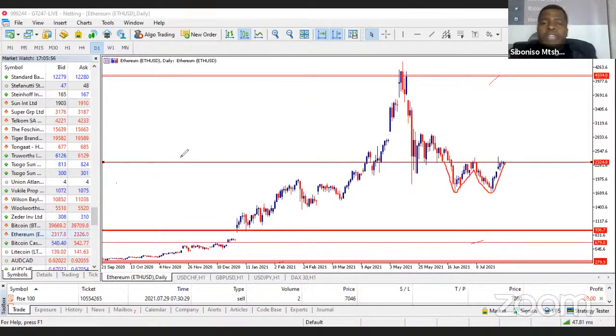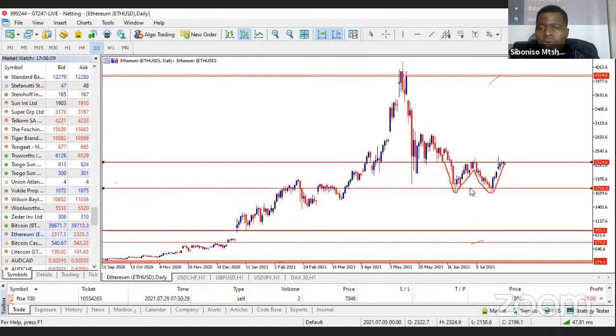And then on top there, I've just put what? The neckline, which is also the resistance in this case. And then again, here, what do we call this line that I'm putting here below? Remind me again. Simple. What do you call that line?